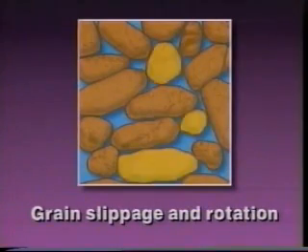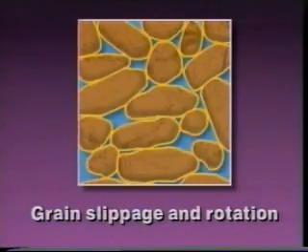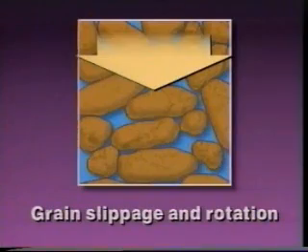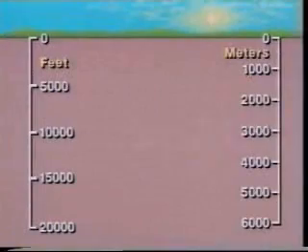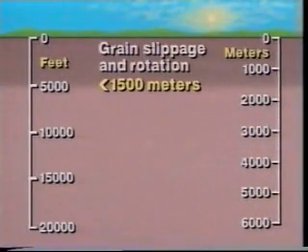These include such obvious ones as sorting and roundness of the grains, as well as overburden pressure. Studies suggest that common initial porosity losses due to grain slippage and rotation are around 14 or 15%. Grain slippage and rotation occur at depths of 1,500 meters or less, although minor compaction continues down to 2,500 or 3,000 meters.